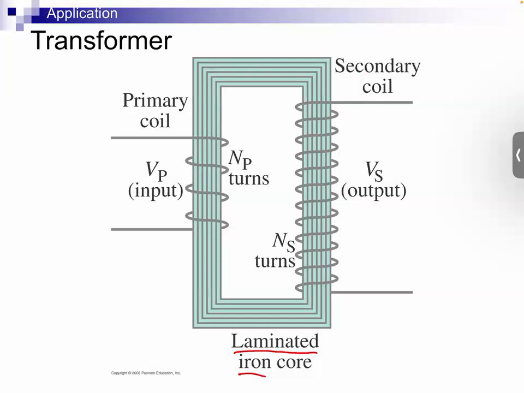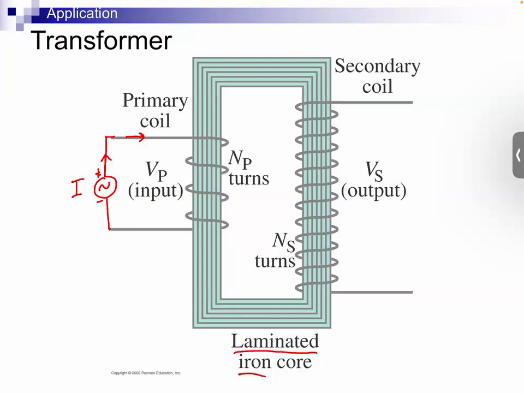So what happens in the transformer is that if you connect the primary coil to an alternating current source, or an AC source, then of course current will flow through this wire. You have current flowing through this wire. This is a wire loop, and we learned in our previous lecture that currents will create magnetic fields.